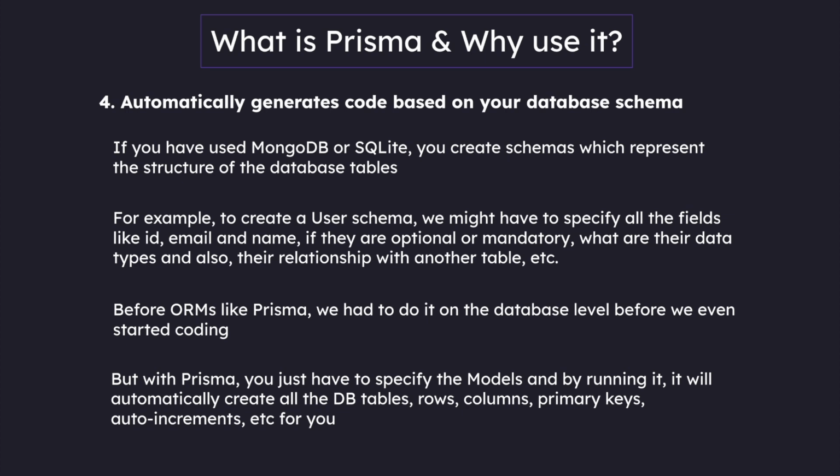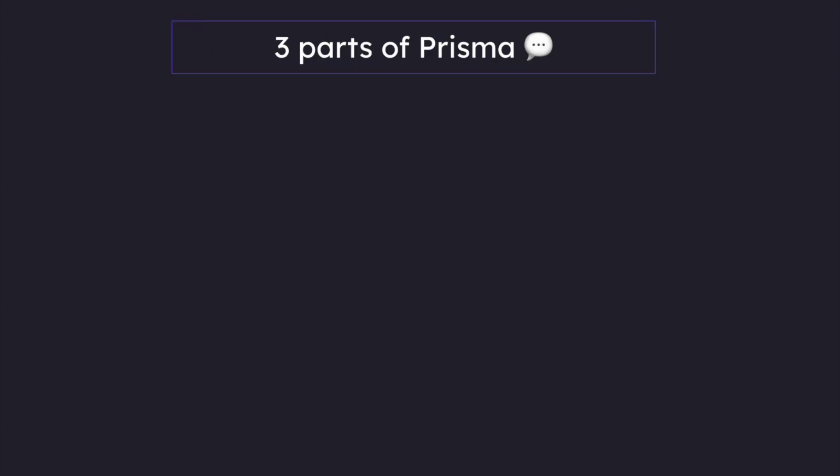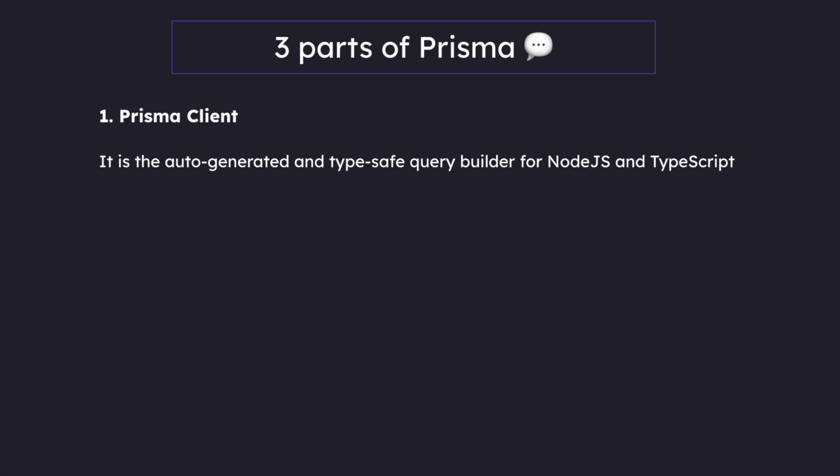So now that we've got a pretty good idea of why use Prisma, let us actually see what are the components of Prisma. So there are three parts to Prisma. Let us look at the first one. Prisma Client. It is the auto-generated and type-safe query builder for Node.js and TypeScript. Basically, whenever you write models and schemas, Prisma Client helps you interact with the database much more easier and also make sure that the database queries that you write are type safe.